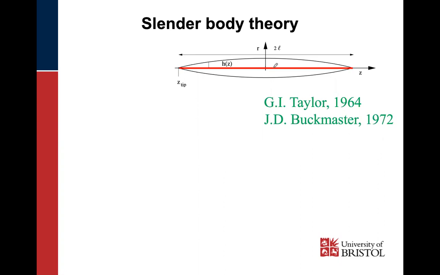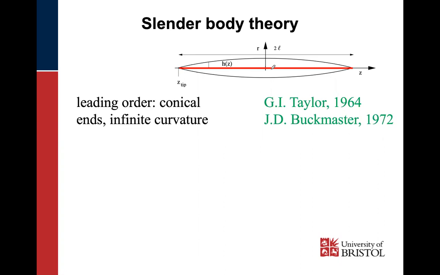And then in a perturbative sense, you adjust the strength, the distribution of these singularities on the axis so as to satisfy all the boundary conditions. And this can be done in a perturbative way, in a perturbation theory, in the slenderness of the drop, essentially. And Taylor was able to set and solve the leading order equation, which would predict conical ends, that is infinite curvature at the tip.